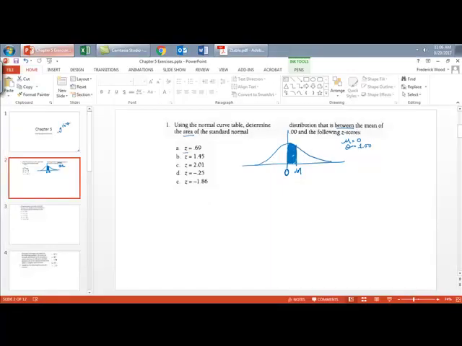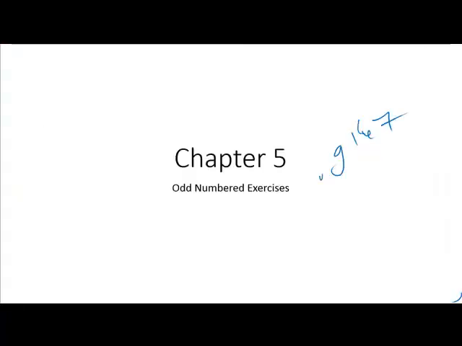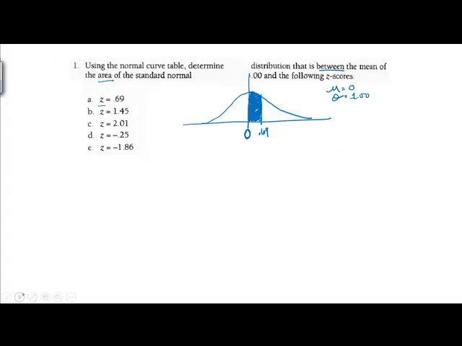So back to our little slideshow. So the area here is 0.7, oh, I forgot already. This is why it's good to have it printed out. 7549.